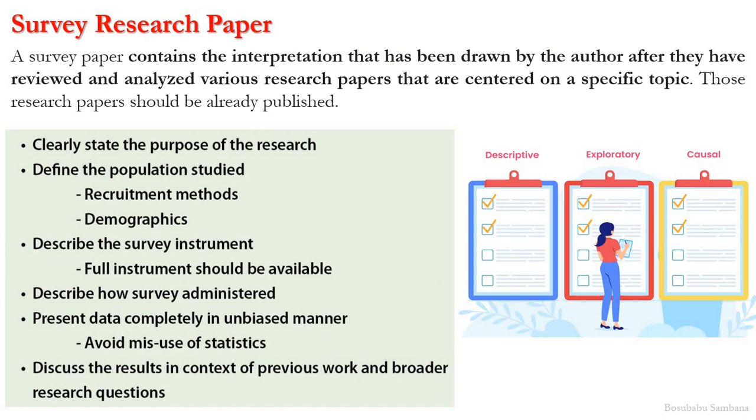Next, describe how the survey was administered. Next, present data completely, in an unbiased manner, and discuss the results. Finally, discuss the results in the context of previous work and the research questionnaire approach.